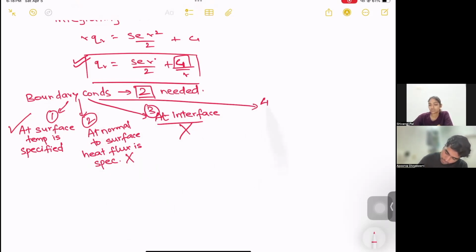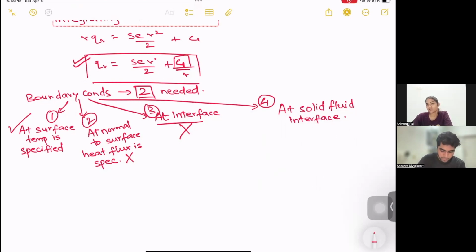That is why the third boundary condition is not applicable over here. The fourth boundary condition was at a solid fluid interface, the normal heat flux component may be related to the difference between the solid surface temperature T naught and the bulk fluid temperature TB. Again, this is also not applicable to our case.